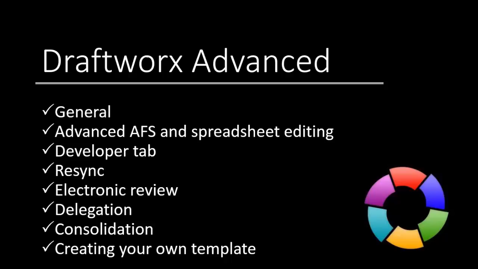Then we will go into some financial statements, look at some advanced editing within financial statements, and a lot of the stuff that we'll discuss on the financials is equally applicable to all your other working papers. So any other spreadsheet that you're using within Draftworx, the common elements will be there. Obviously there's some specific stuff that is only going to work on the financials, and when we get to that I'm sure you'll be able to see.